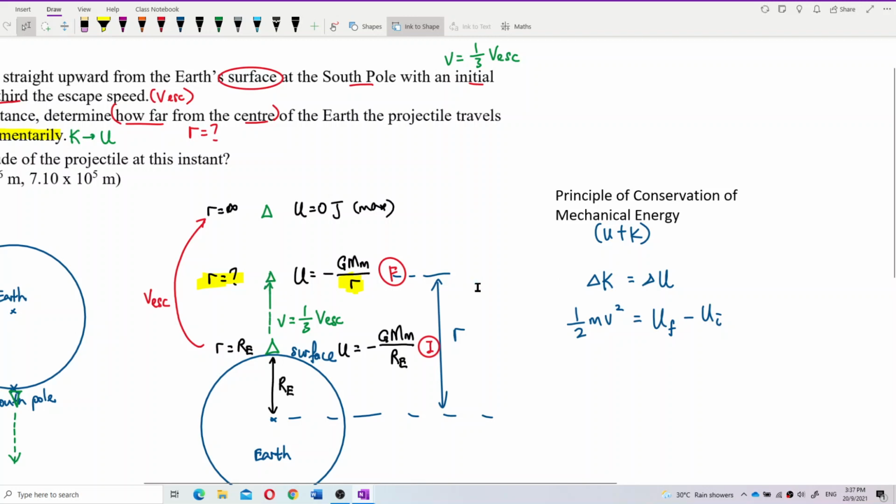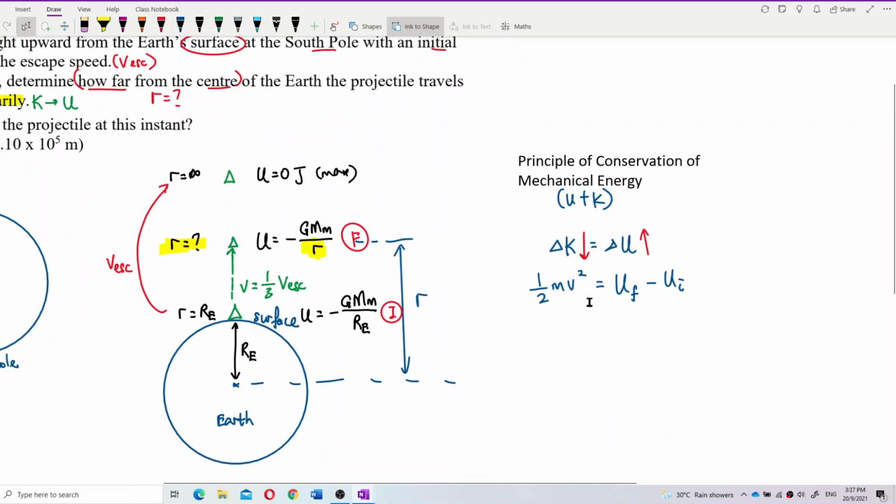The kinetic energy drops and the potential energy increases. Why increase? Because the kinetic energy is turned to potential energy.